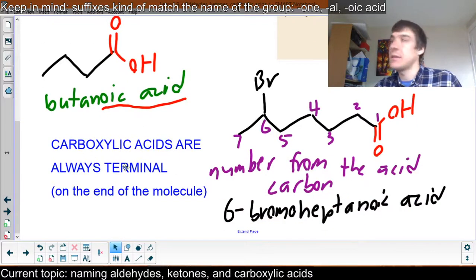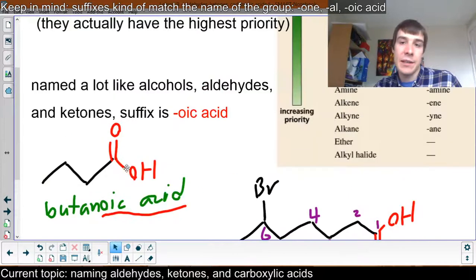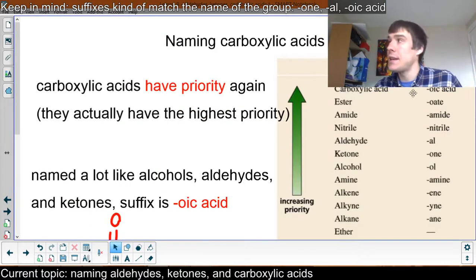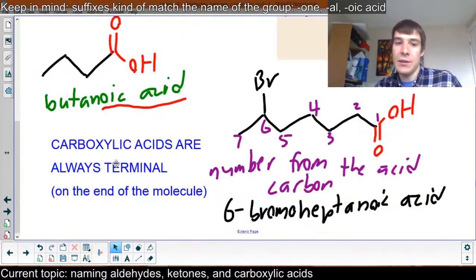Carboxylic acids are always terminal, and they have the highest priority. They are number one in priority groups, so that acid carbon is always going to be carbon number 1. So they never get a number. So this is called 6-bromoheptanoic acid because bromo's on 6 and that carbon is carbon number 1: 1, 2, 3, 4, 5, 6, 7.